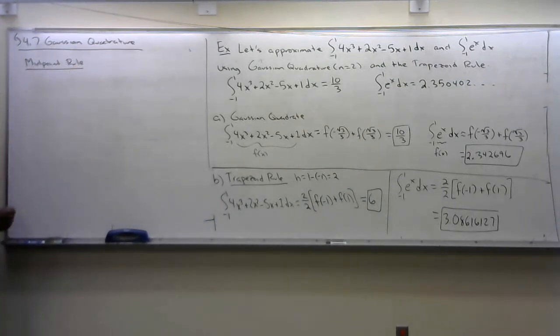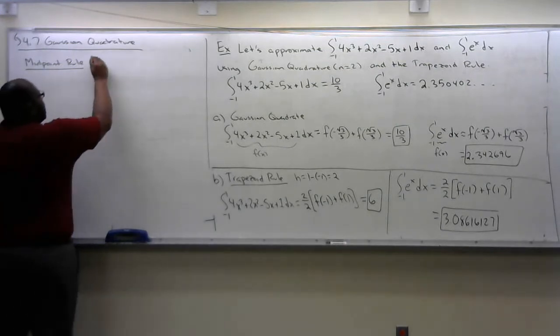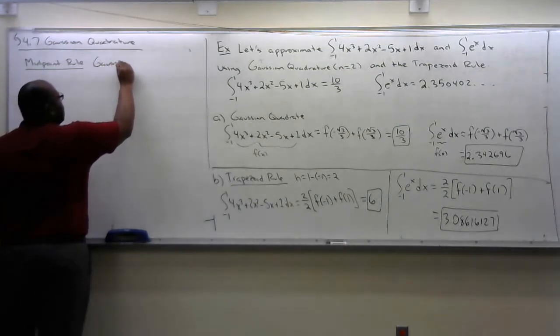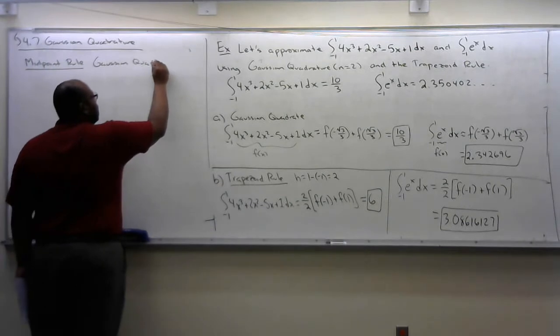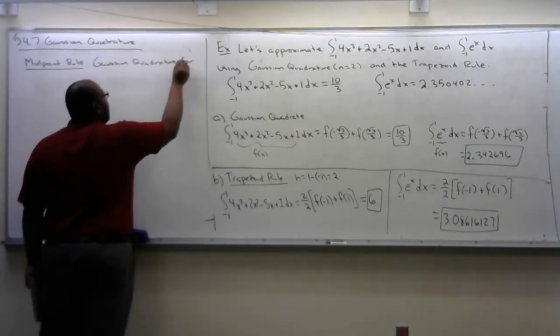This is a Gaussian quadrature for n equal to 1.